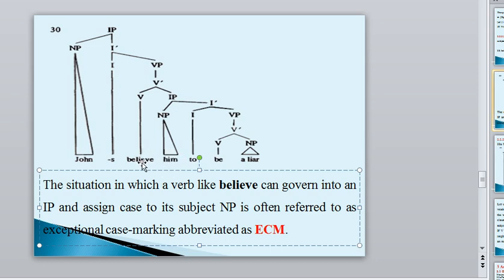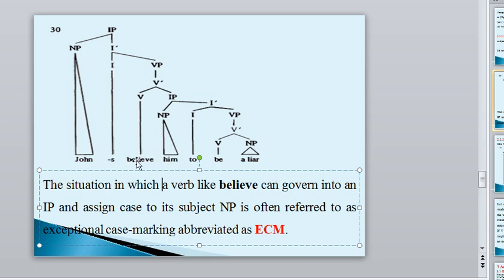So we can say John believes him to be a liar. To be a liar is a subordinate clause, and him is the subject of the subordinate clause. But the verb before it, believe, can govern the subject of the subordinate clause and assign an accusative case to it.